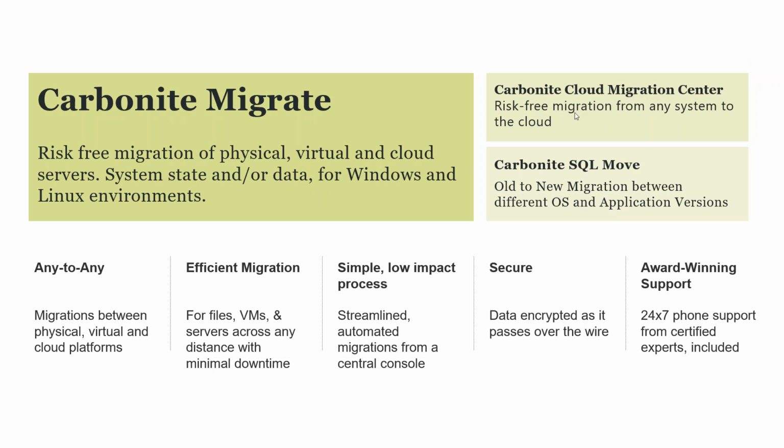Okay, so we've got Carbonite Migrate Center, Carbonite Cloud Migration Center, which is an automated tool. We have a SQL migration workflow, which I'll maybe touch on later in my slides. But generally, we're going to be using Carbonite Migrate as an ability to run a single console that you could use to go to Azure, Amazon, Google Cloud, Huawei Cloud, Alibaba, or even any cloud whatsoever.